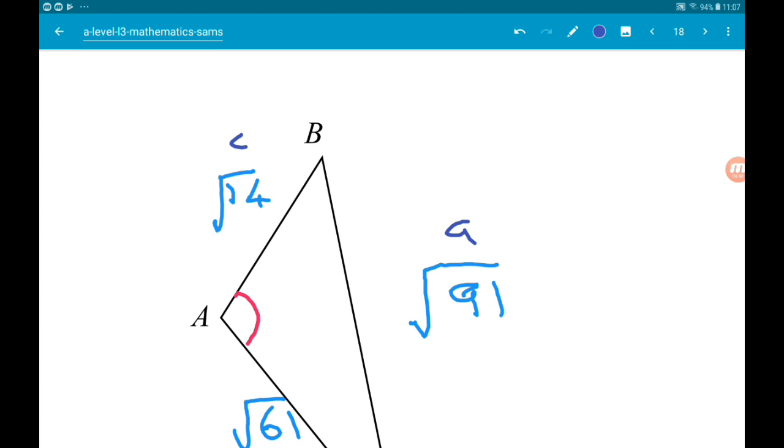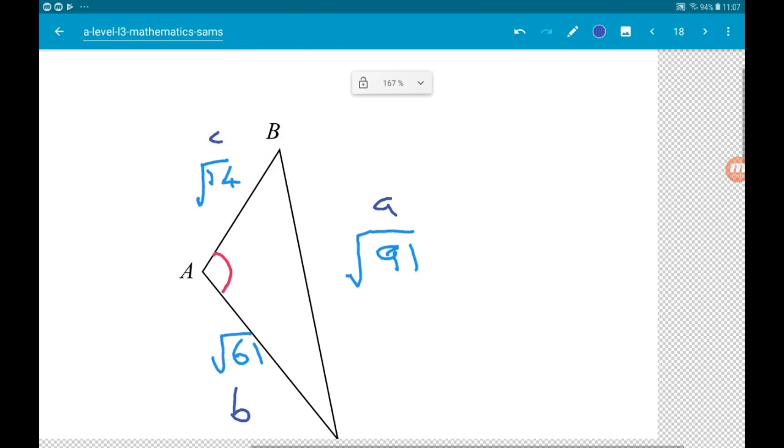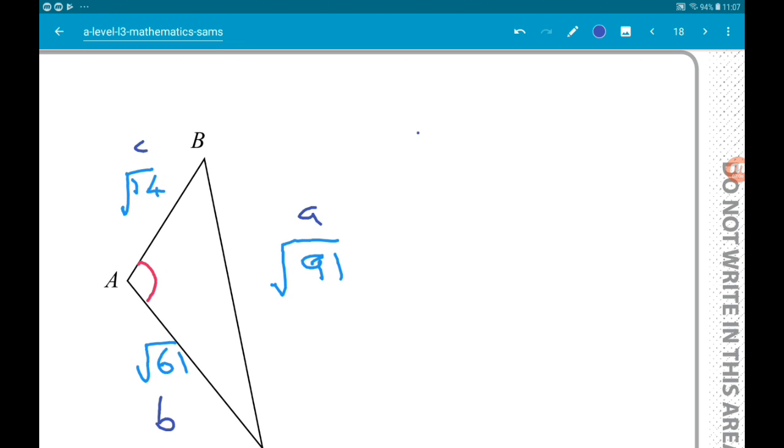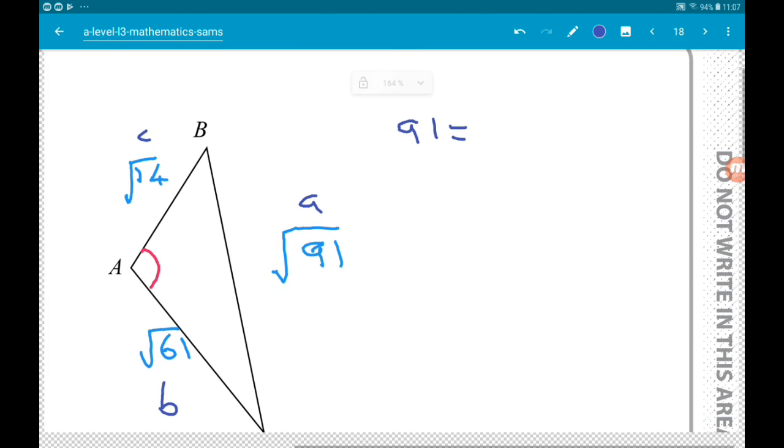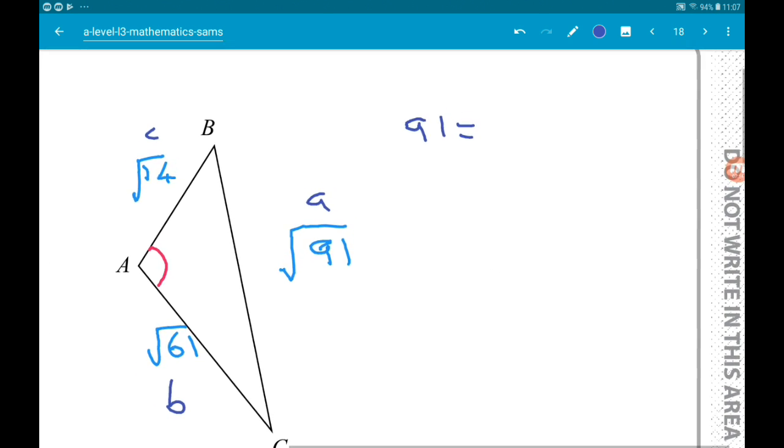So then, by the cosine rule, root 91 squared, which is 91, is equal to root 61 squared add root 14 squared, so that's 61 add 14, which is 75, minus 2 root 61 root 14 cos of the angle.